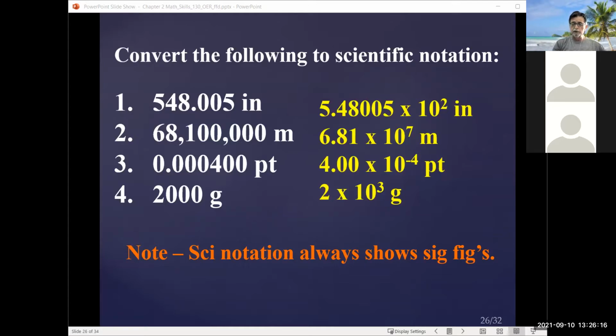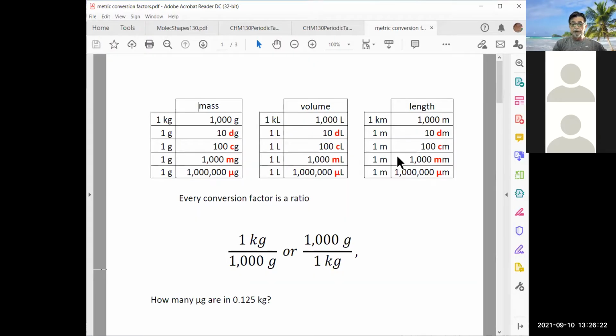But before I do that, I want to share with you, I believe I sent you this file. It's a PDF file, which has to do with the metric system. In this table here, we've got the 3 units that we utilize in the metric system: the mass, the volume, and the length. The units of mass are grams, volume is liters with a capital L, length is meters.